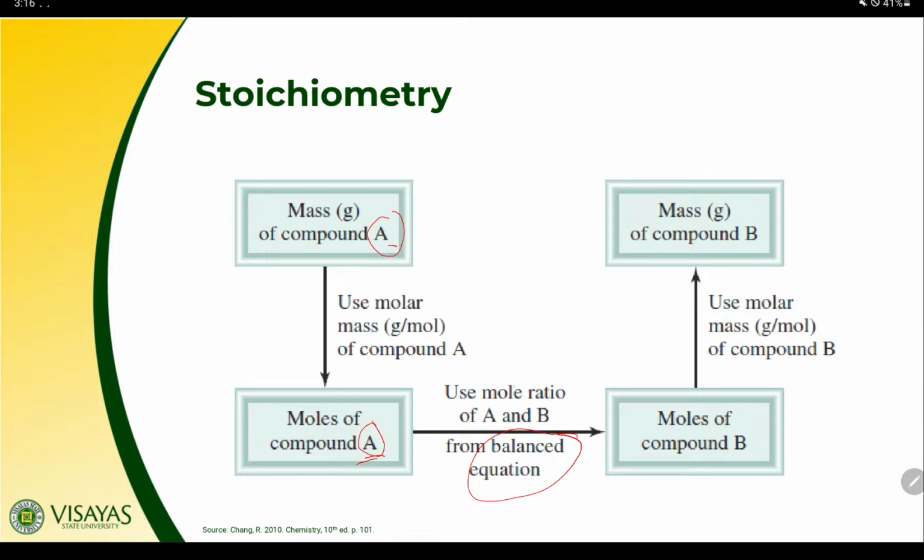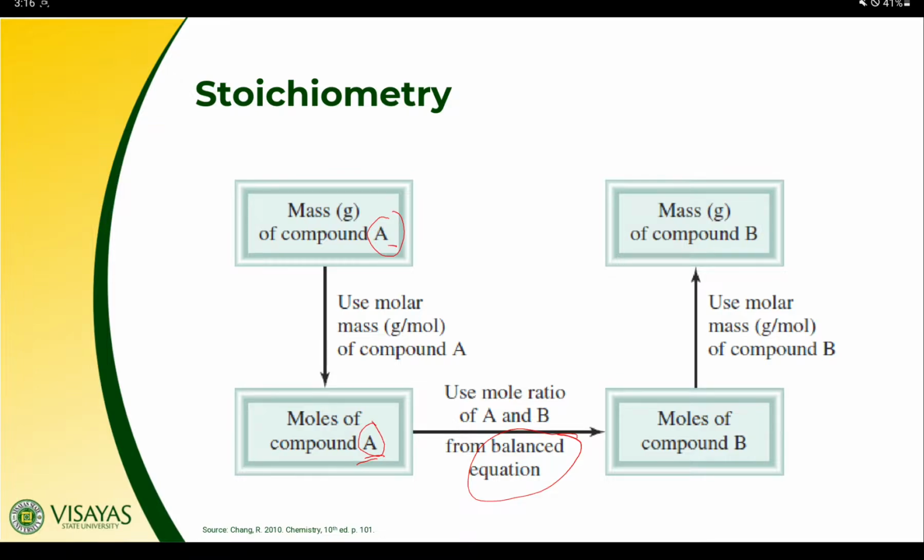After that, we will use the mole ratio of A and B in the balanced chemical equation so as to convert the mole of compound A to compound B and vice versa. Okay, so if you want to convert mole to mole of one compound to the mole of another compound, you use the mole ratio of the two compounds from the balanced chemical equation.